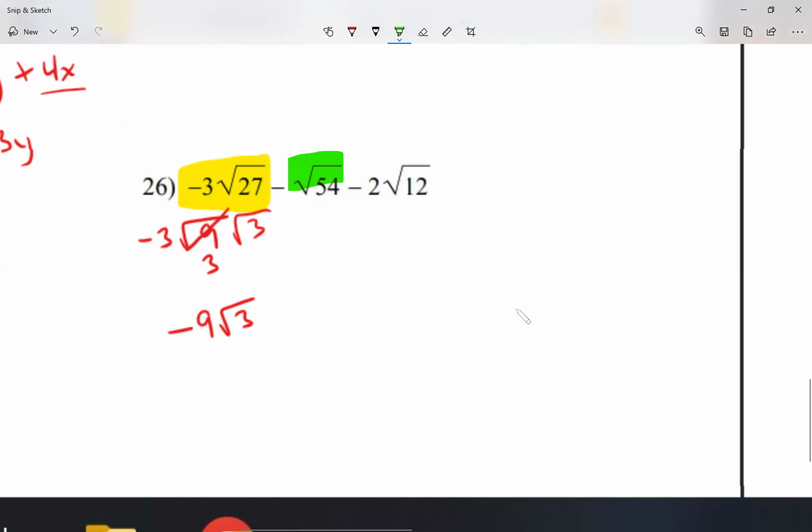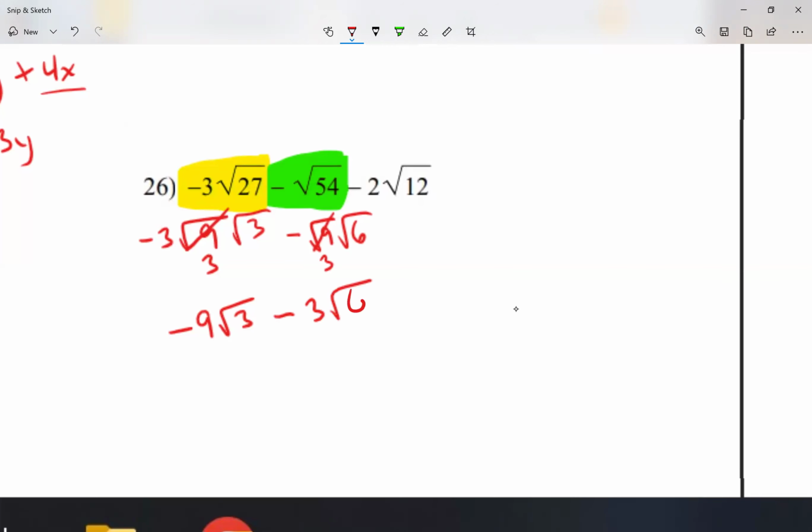Let me take a look at my second term, radical 54. So I'm thinking, all right, can I break it down into two numbers multiplied equals 54, one of them being a perfect square? And yes, I can think 9 times 6. Let me not forget my negative sign in front of it. I know the square root of 9 becomes 3. So this is negative 3 radical 6.